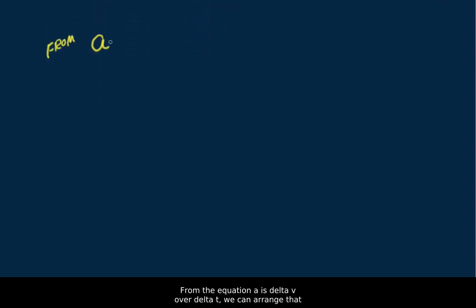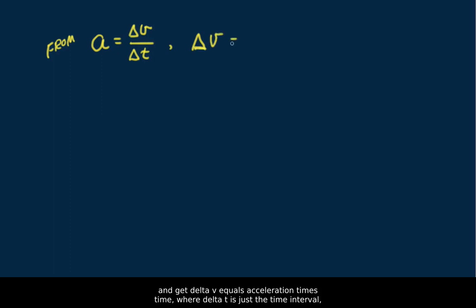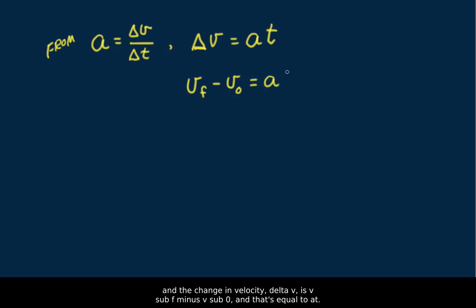From the equation a equals delta v over delta t, we can arrange that and get delta v equals acceleration times time, where delta t is just the time interval t. The equation says the change in velocity equals the acceleration multiplied by the time. And the change in velocity, delta v, is v sub f minus v sub 0, and that's equal to at.